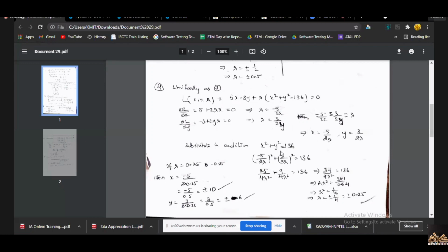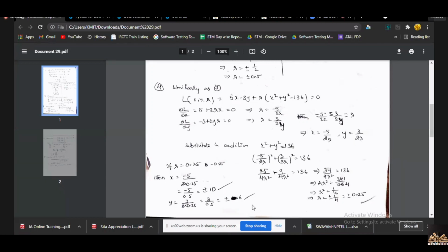Then, assuming that lambda is not equal to 0, upon equality you simplify it for x and for y and substitute these x, y values in the given constraint. You will get the lambda value.